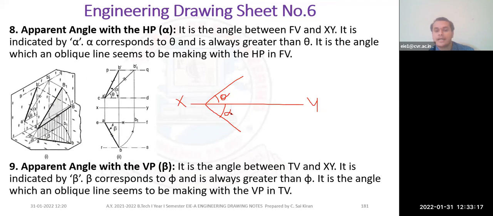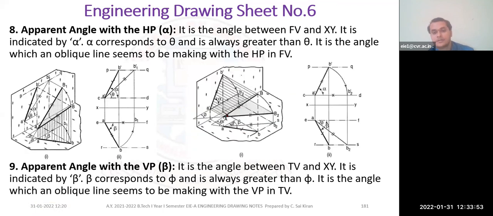I have rotated alpha again. I have given this phi, and because of this phi I got my locus. Because of this theta, this is my locus. So it will project again, and I need to draw one more angle, which is called beta.